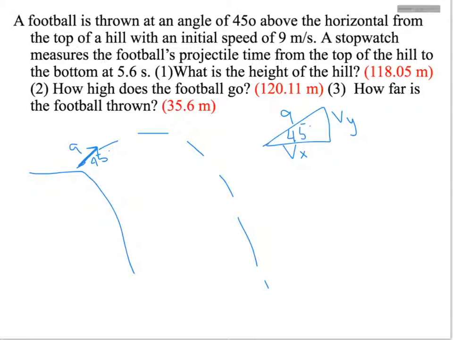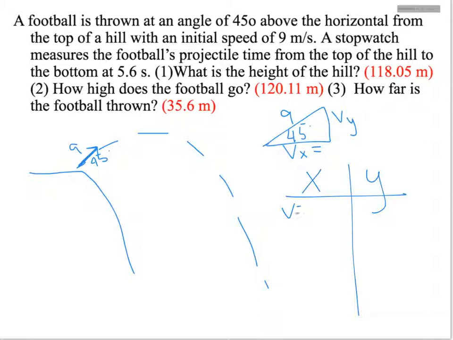So let's list what we know horizontally and what we know vertically, and we can start solving these problems. It's telling me that the initial velocity thrown on the angle was 9 meters per second. So I can use my trig functions to solve for the horizontal velocity.